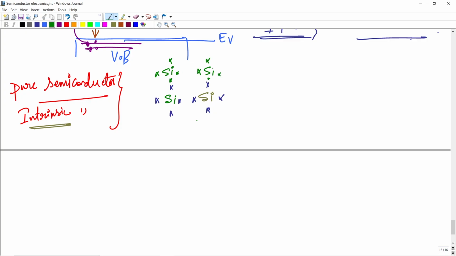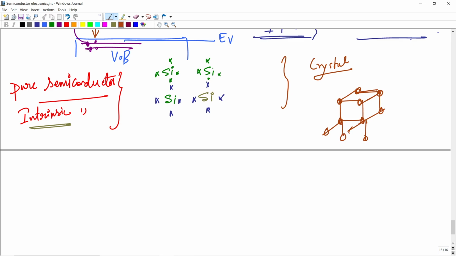Actually, this diagram looks like a lattice structure diagram or a crystal structure diagram. This is a crystal diagram. It looks like a 3D diagram. Each corner of this cube has an electron, and they do not end here. Actually, they are continuous.